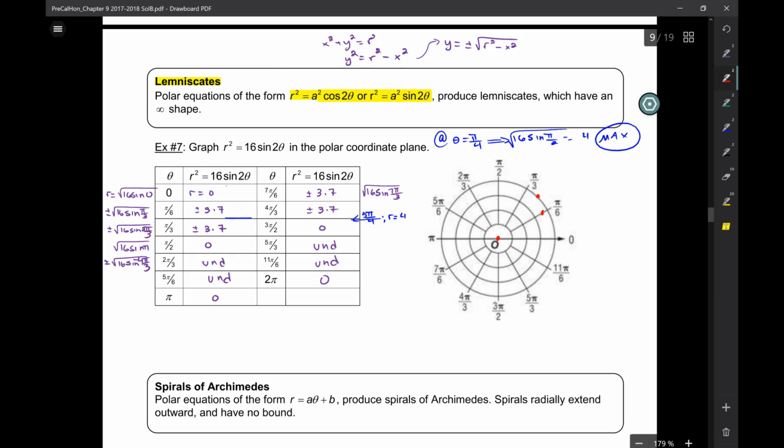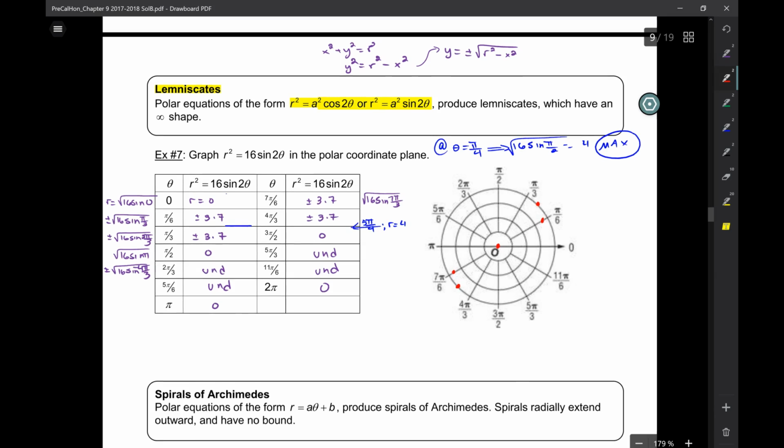We do the negatives too. So also negative here. And then at pi over 4, we get negative 4 as well. Okay. Pi over 3, we get plus or minus 3.7 again. Okay. And then 0.